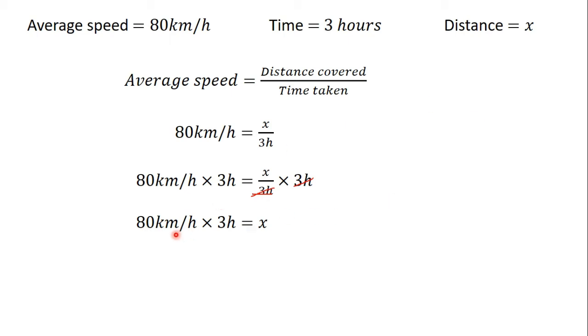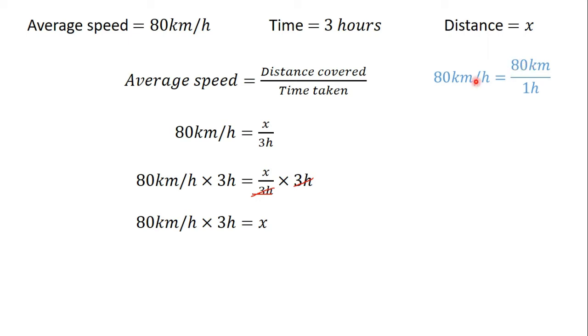I'm going to explain how the units cancel each other out to you. We know that 80 kilometers per hour can be written as 80 kilometers divided by 1 hour, because 80 divided by 1 will give us 80. Kilometers divided by hour will give us kilometer per hour.